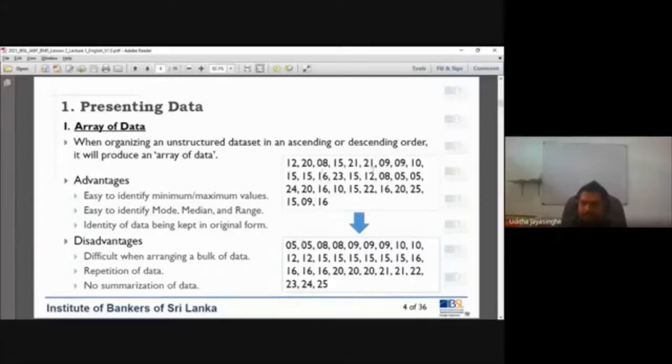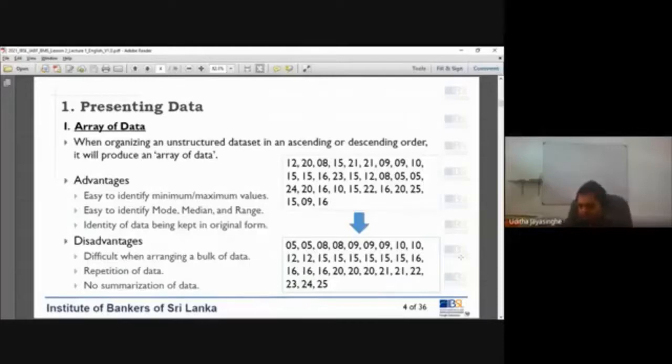Then a couple of number 8s are dispersed here and there. I put them here. So all I have done is arrange them in an ascending manner. Or you can do the same thing in a descending manner also. So you have 25 first, 24 second, 23, 22, in an order from left to right.